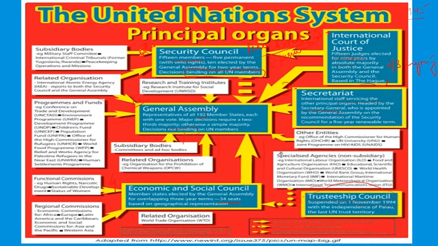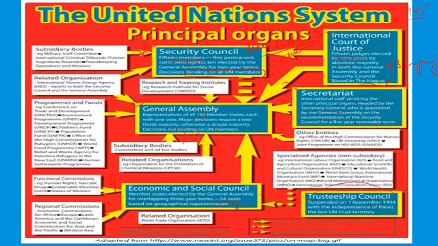Then specialized agencies reporting to the Economic and Social Council, that is the ILO, International Labour Organization, Food and Agricultural Organization, FAO, UNESCO, United Nations Educational, Scientific and Cultural Organization, WHO, World Health Organization, World Bank, International Monetary Fund, all of them reporting to ECOSOC, the Economic and Social Council.